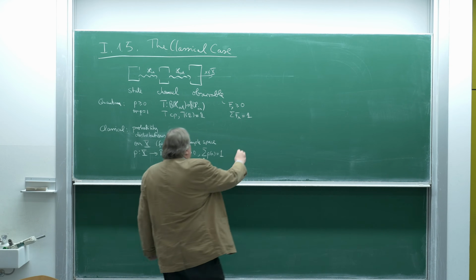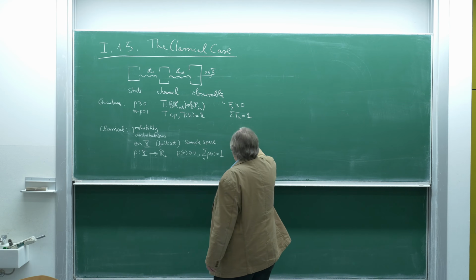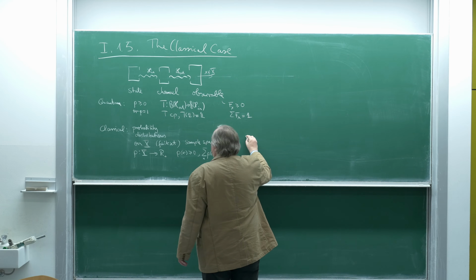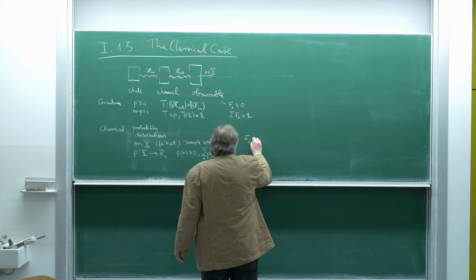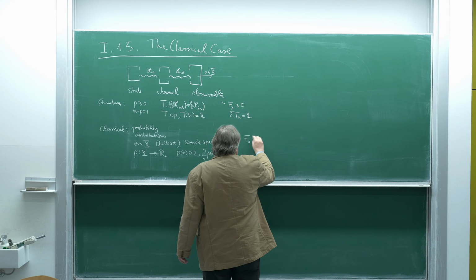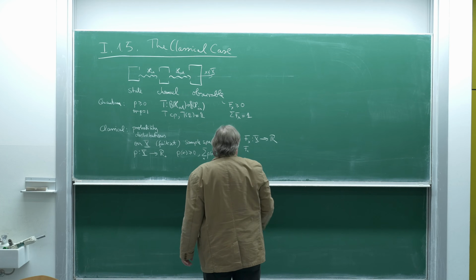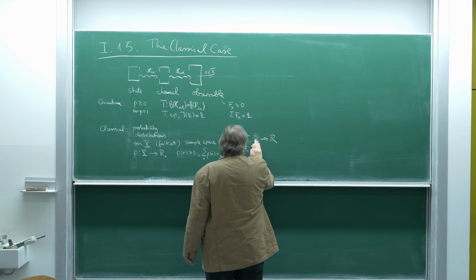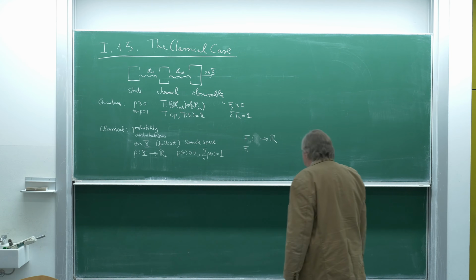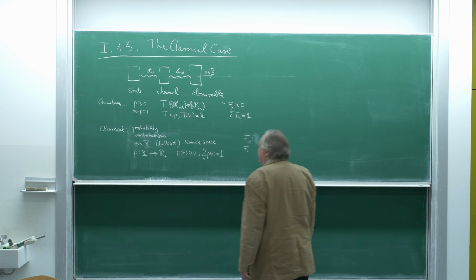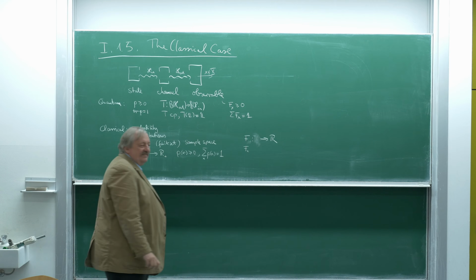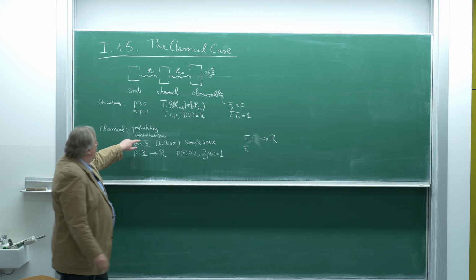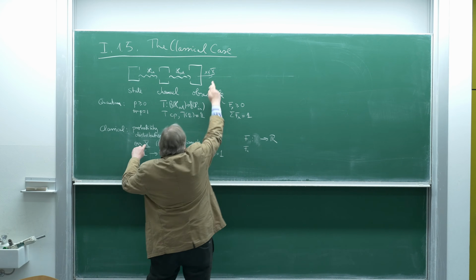Now, the observables here would be the same things. So we would have functions from X to R. Well, I shouldn't have called that X because there's a possible confusion here between these sets.